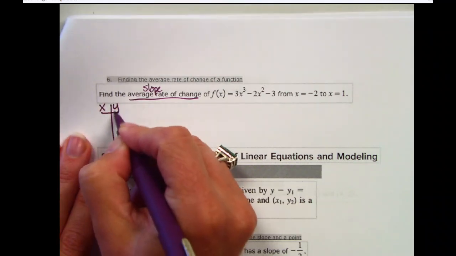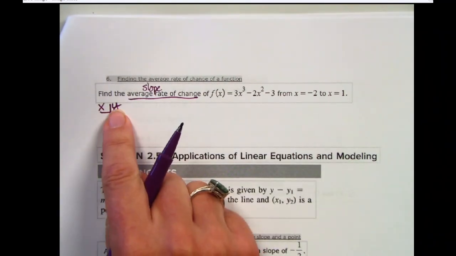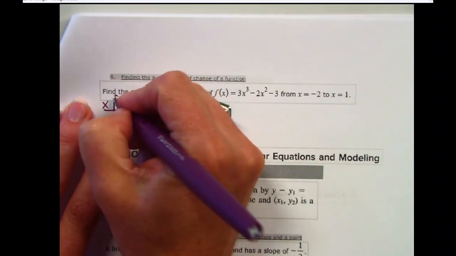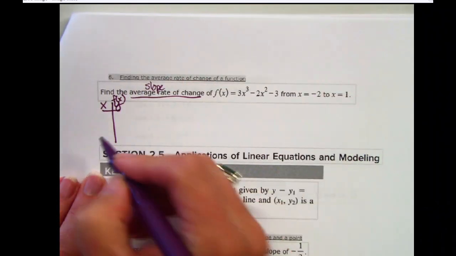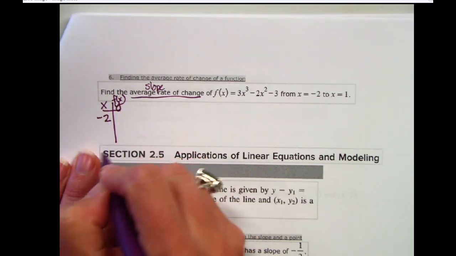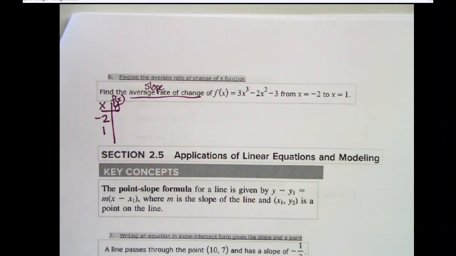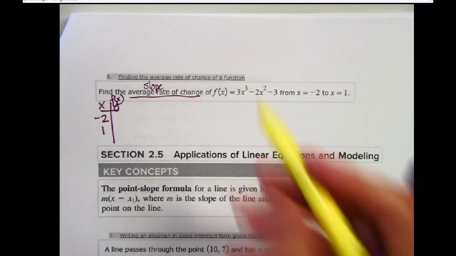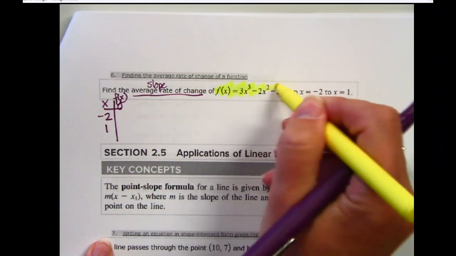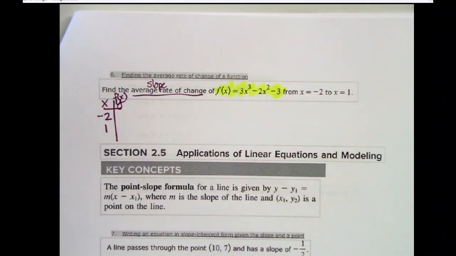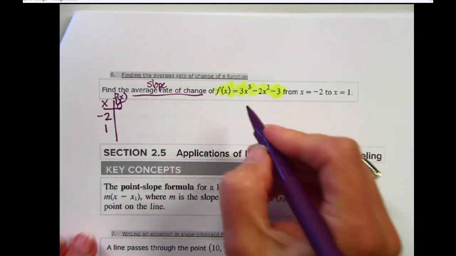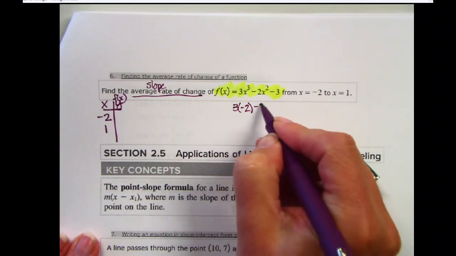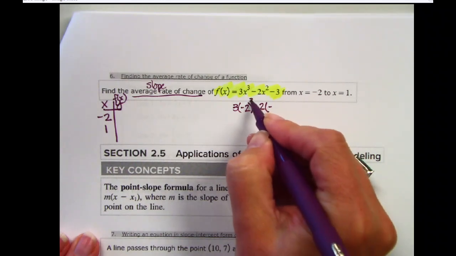I make a table. I guess I should have called that f of x, since we have f of x up here. I am going to substitute in negative 2 and 1 into the equation they've given me. Chances are they're going to make it ugly. So if I substitute in negative 2, oops, I forgot my cube.